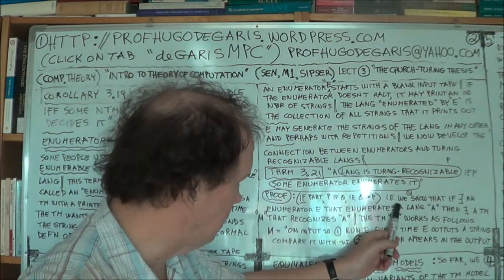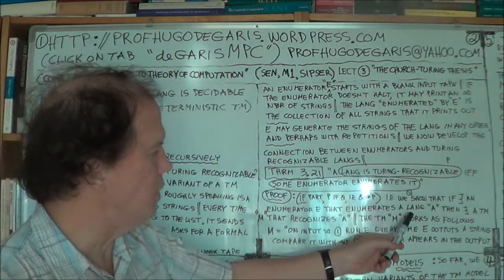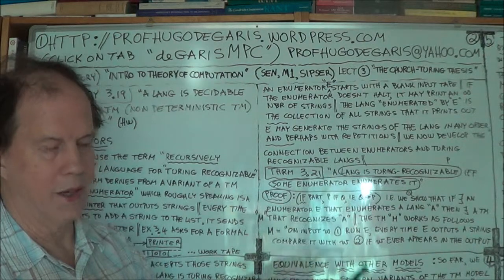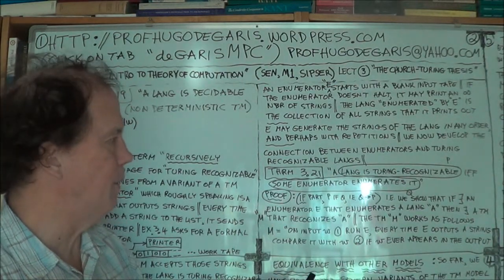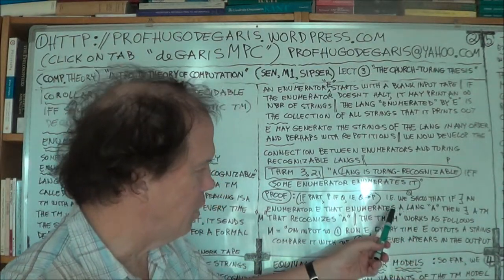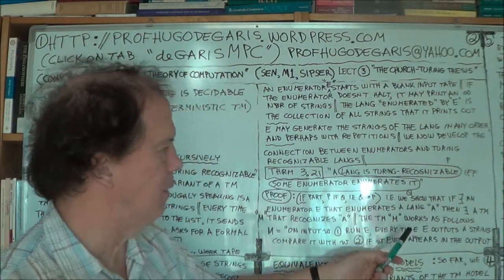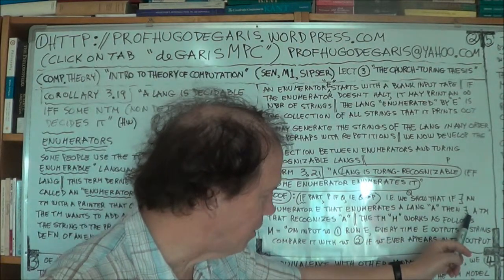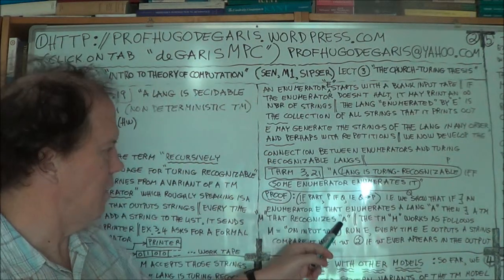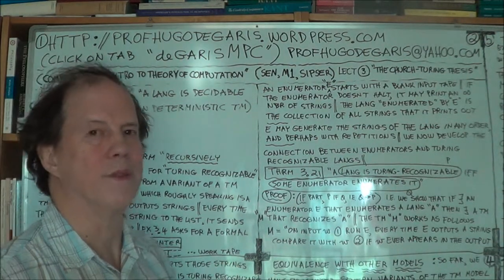We start with Q. We're going to show that if there's an enumerator, called E, that enumerates a language, we call the language A, in other words, it's just printing out all the strings of that language, and that's a pretty strong clue, printing out each accepted string of language A, then there is a Turing machine M that recognizes A. In other words, it accepts all the strings of language A.